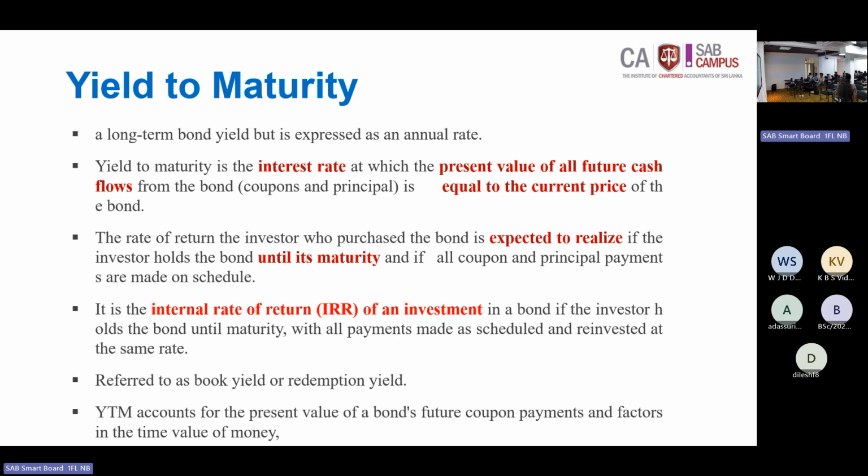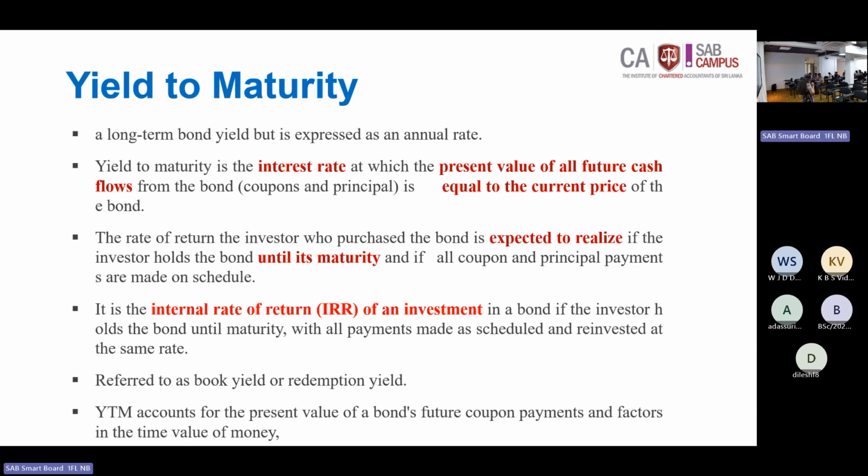How much return are we receiving on this bond? First one, the coupon payment. It is also a return. Plus, at the end of the maturity period, we are receiving something called the face value.